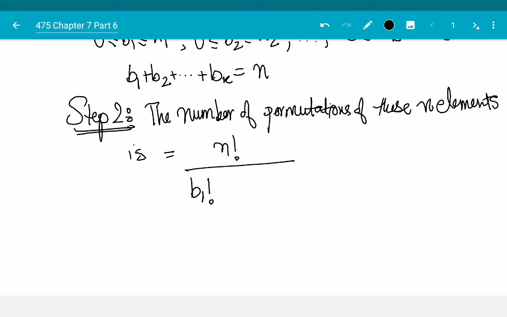So b1 factorial times b2 factorial times dot dot dot times bk factorial. Okay, we have seen these before.